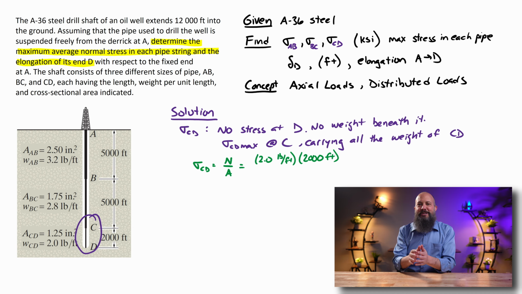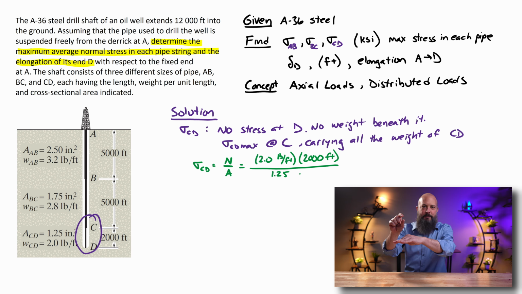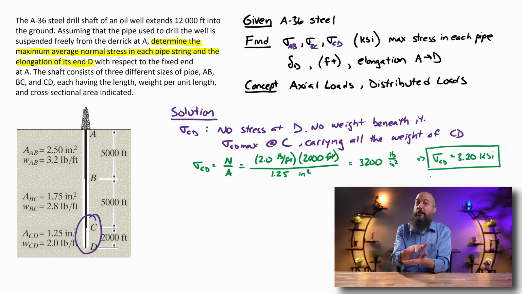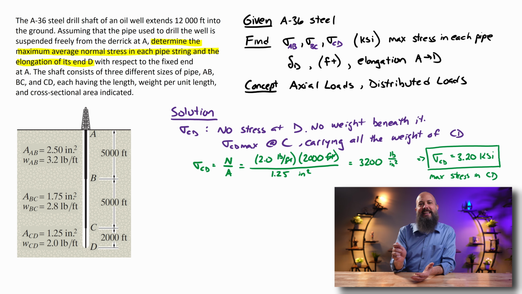So stress is force divided by area. So if we have a total weight of 2 pounds per foot times 2,000 feet, that's the total amount of force. That's the total weight of the pipe divided by the surface area of the pipe. We get 3,200 pounds per square inch, or 3.2 KSI.